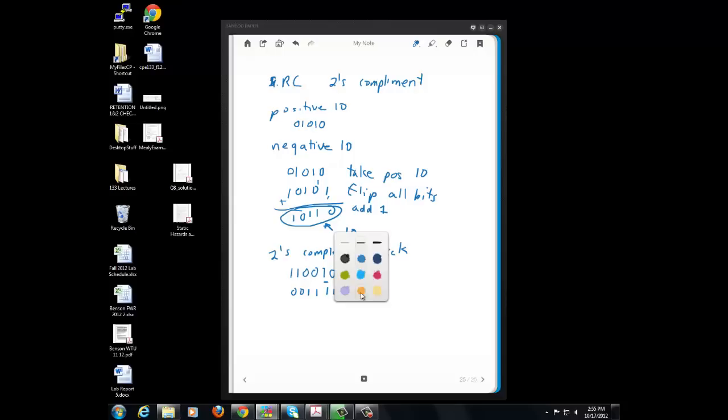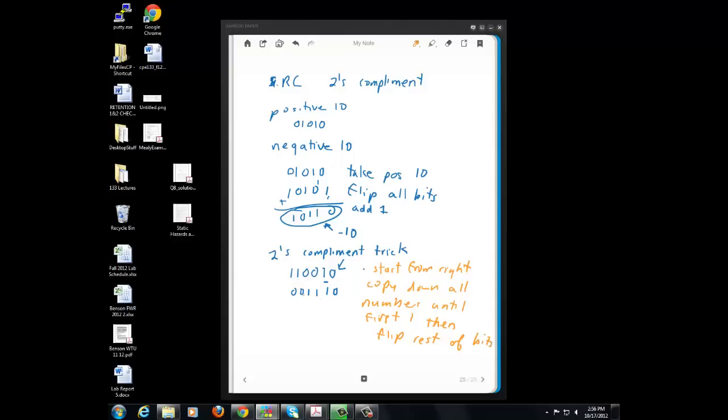So I'll write that down. Start from the right, copy down all numbers until the first one, then flip the rest of the bits.